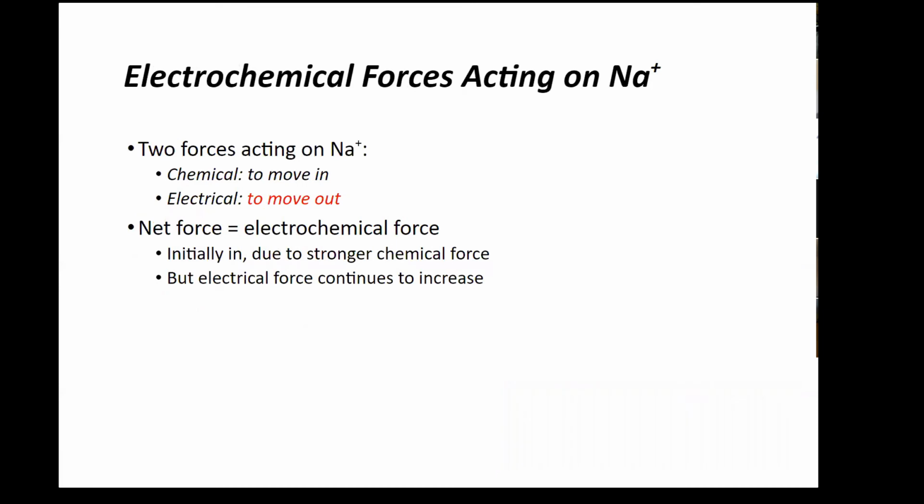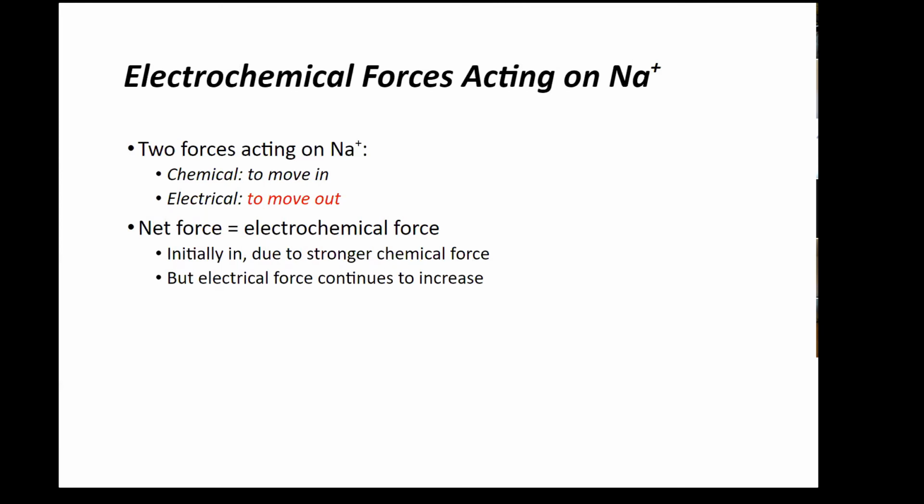But first, to summarize, our two forces acting on that sodium. We had the chemical force moving it in. So we've got lots of sodium outside the cell, not very much inside. We have that electrical force moving the sodium out. In the case where it's getting more and more positive, that electrical force is going to be resisting the chemical driving force. And when we hit equilibrium, our net force is going to be 0.